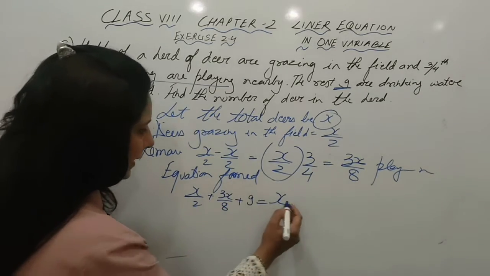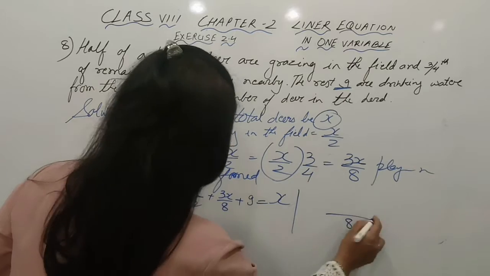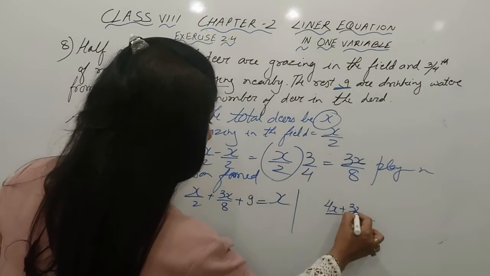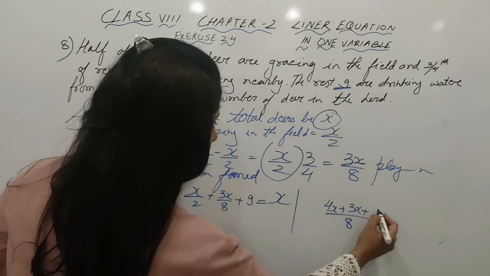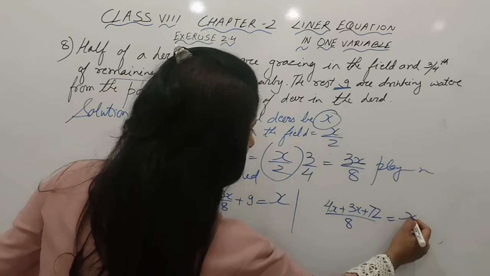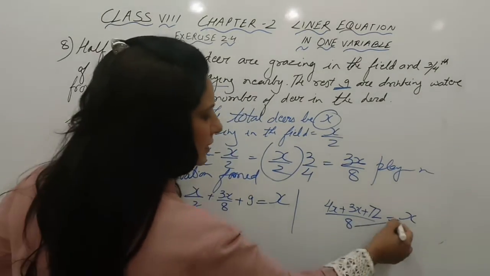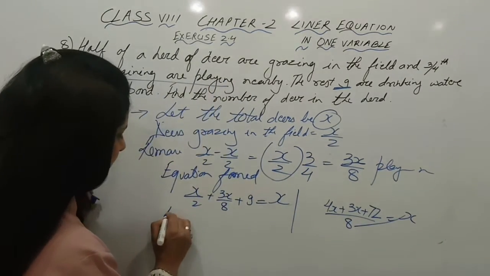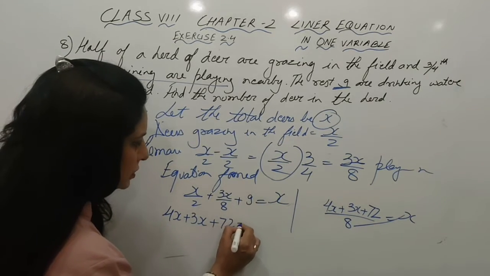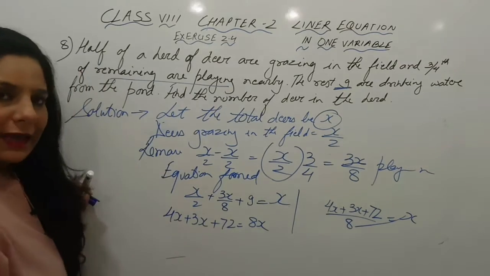Okay, इसका LCM होता है 8. So 8 divided by 2 is 4. 4x plus 3x plus 72 is equal to x. So we will take this here. So it will become 4x plus 3x plus 72 is equal to 8x.